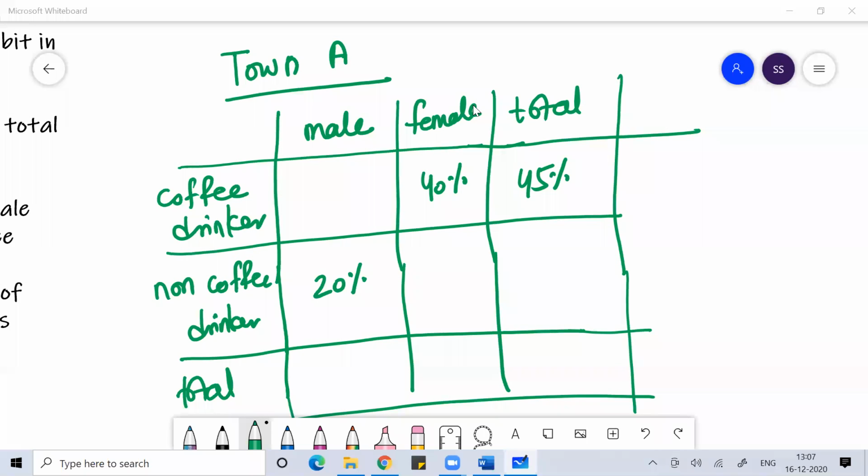Once you're clear, you know that the total is 100. So this would be 100 minus 55, which will be 55%. Any doubt, anyone?